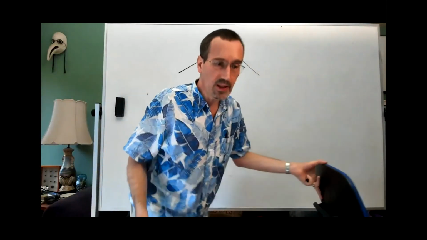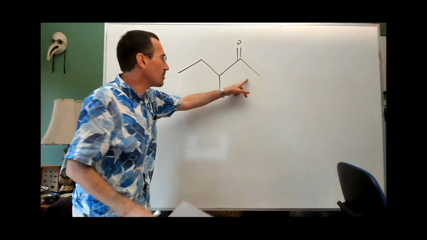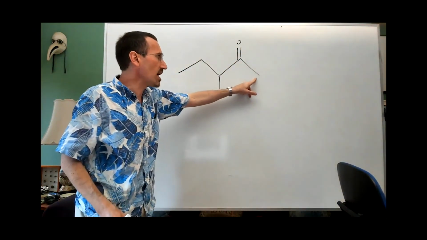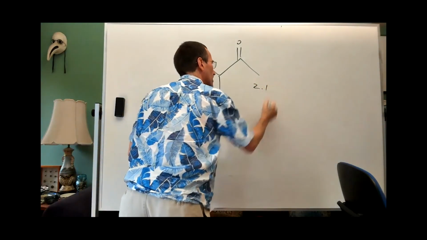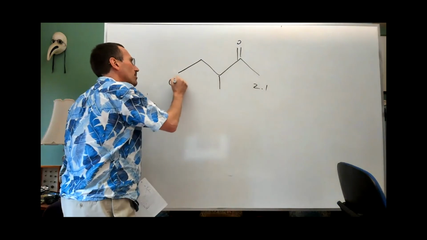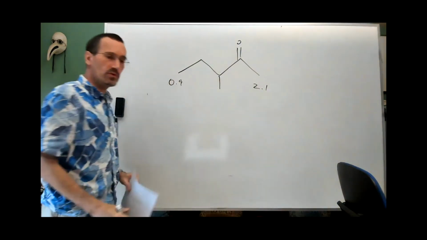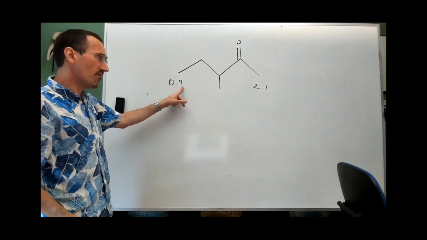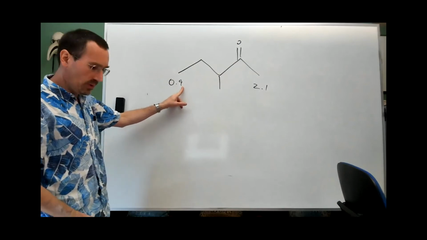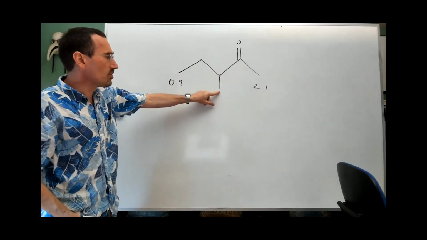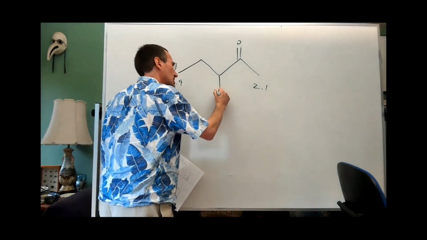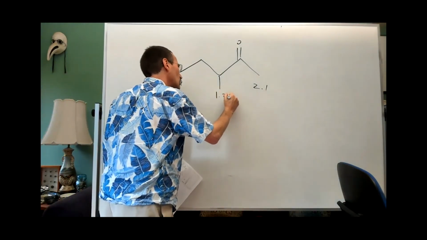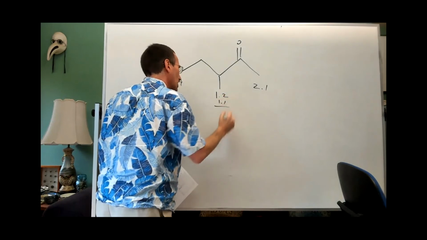And we can apply the same sorts of skills that we did before and say, okay, a methyl group that's next to a ketone is going to be about 2.1. A plain vanilla methyl group that's far away is about 0.9. A methyl group that's beta to a ketone is going to be, let's just say 1.2 or 1.1, somewhere around there.